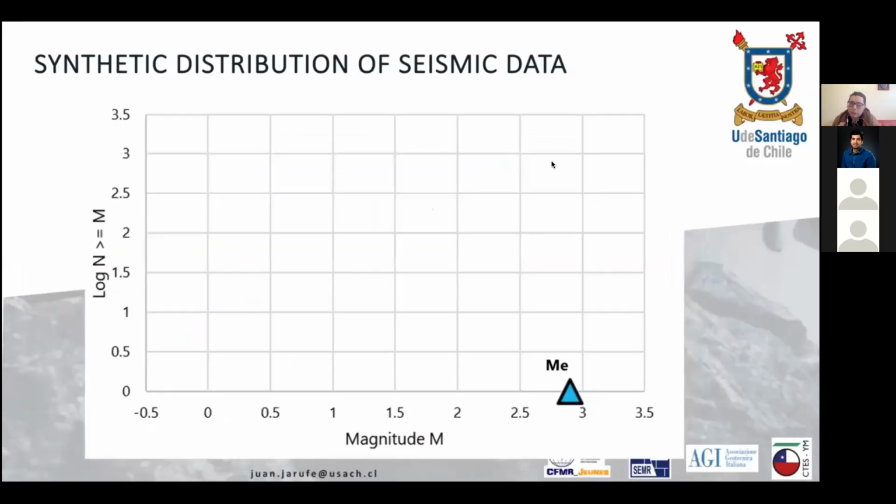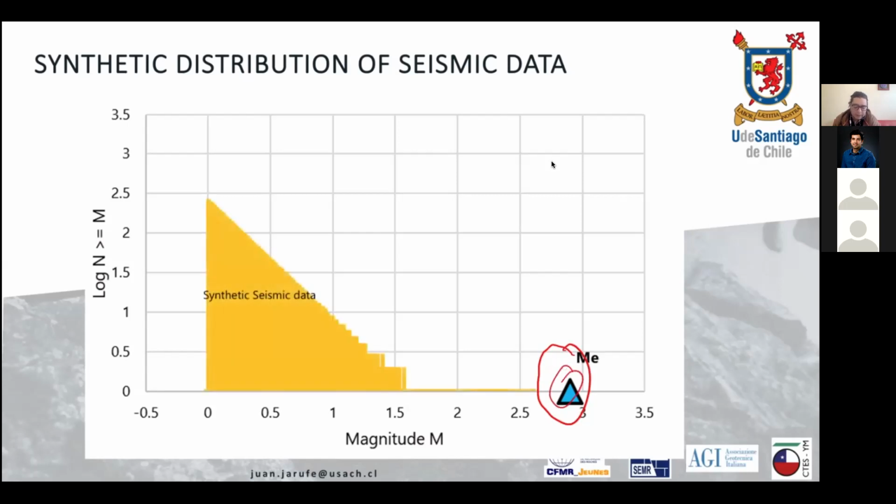But the data that has been calculated by Schoberg, by Potvin and others, just calculates one value per step. The step can have several months, several days, and we get this value, which is the equivalent magnitude for that step. And we know that seismic events are not just one, it's a distribution of events. And what we're going to do is to create a set of seismic events that are similar to this one.